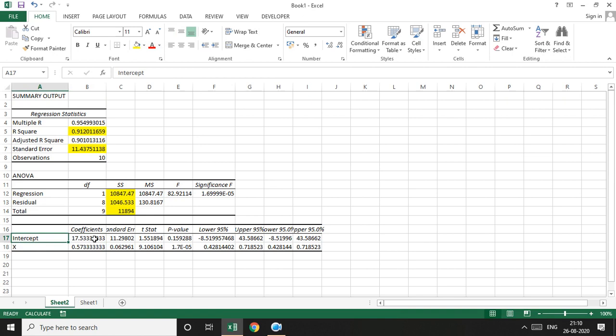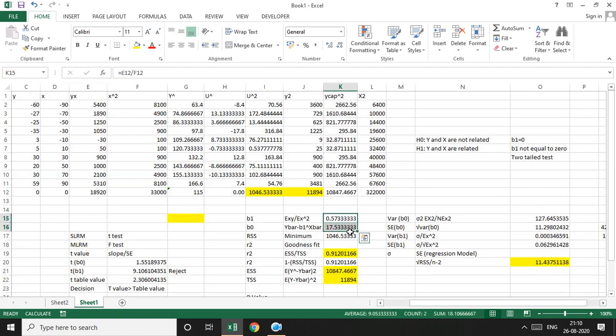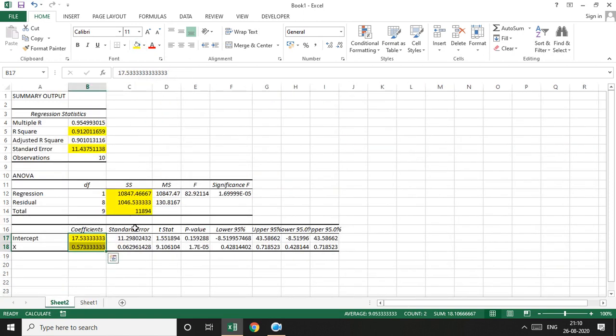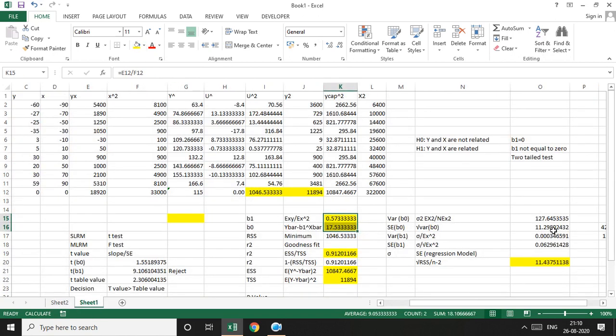So 1.573 and 0.57. Look at what we have got. Then look at the standard error: we have got 11.29 and 0.629.